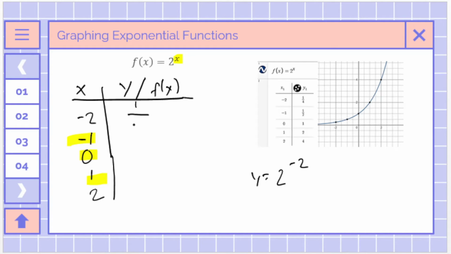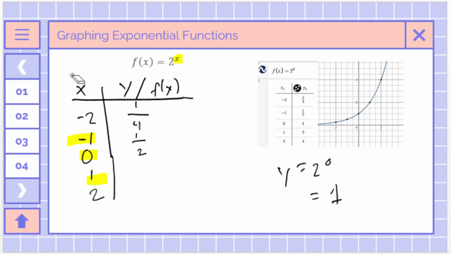That is 1/4, right? Just get the reciprocal, then raise it to the positive exponent. Then we have y is equal to 2 raised to negative 1. That is just the reciprocal of 2, then we'll have a positive exponent. What about 0? We all know that any number raised to 0 is just 1.